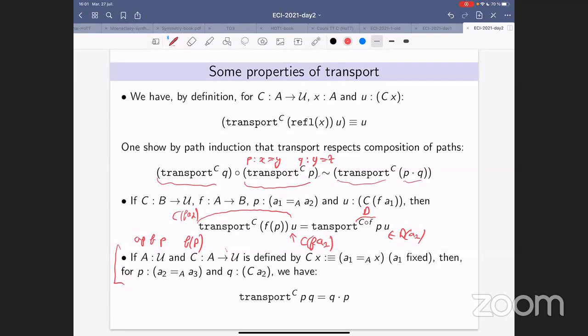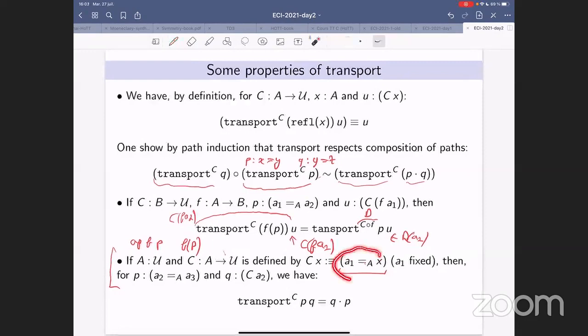So suppose that our family of types is exactly this one. It fixes some A1 in capital A, and it maps x to the type A1 equals x. It's a family of types, because this thing here is a type.